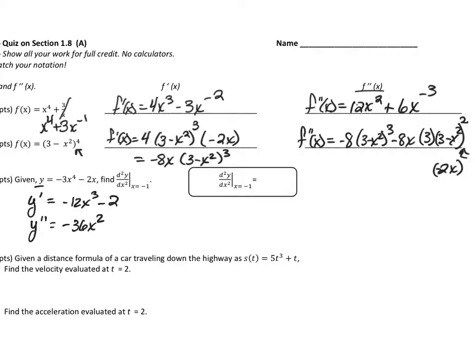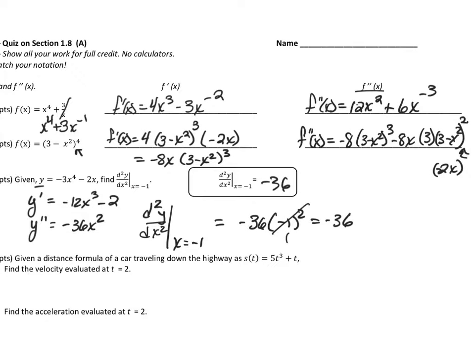The notation d squared y over dx squared at x equals negative 1 is really saying take the second derivative and evaluate it at negative 1. So we get negative 36, put the negative 1 in and square it, which gives you positive 1. So we get negative 36.